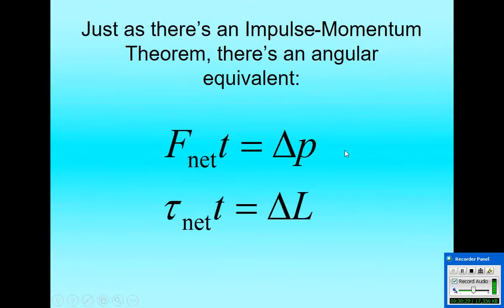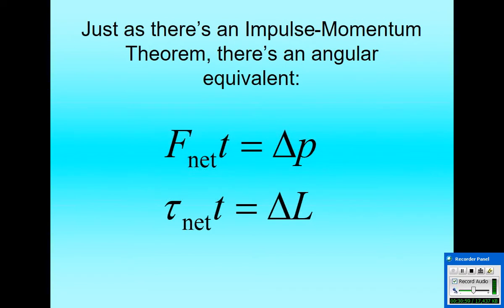I want to point out that there is an impulse momentum theorem. Well, there's a variation for rotational motion, but keep in mind the impulse momentum theorem is just Newton's second law, F equals ma. Now we have torque equals I alpha for Newton's second law in rotational motion.